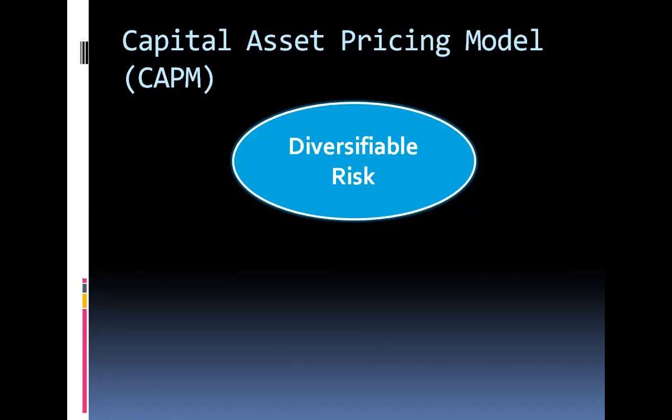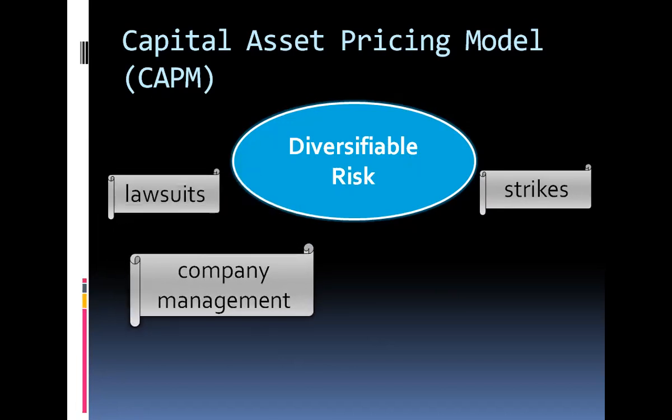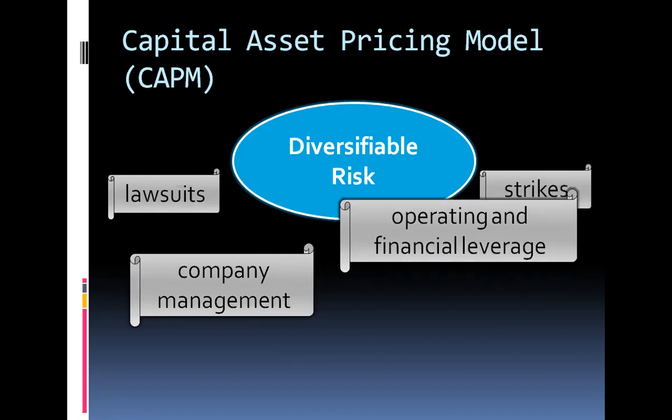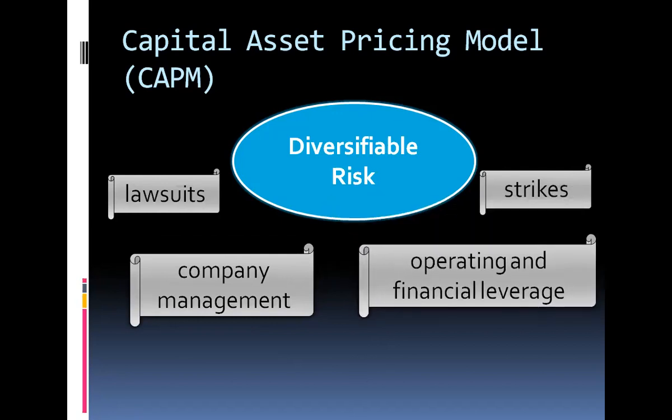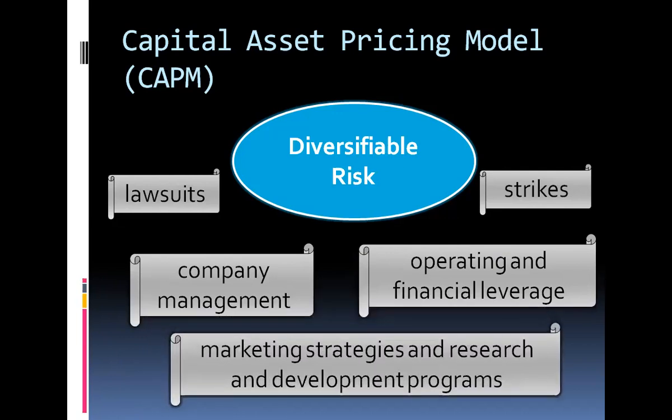So the sources of diversifiable risk or unsystematic risk include lawsuits, strikes, company management, operating and financial leverage, marketing strategies and research and development programs, and other events that are unique to the particular firm.